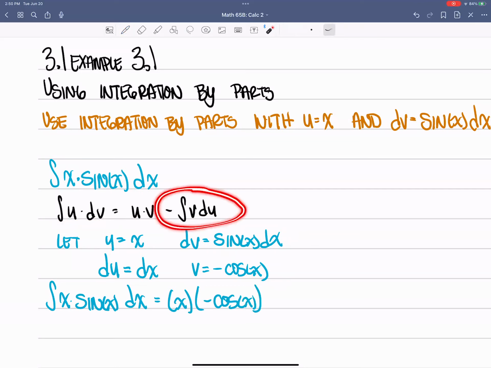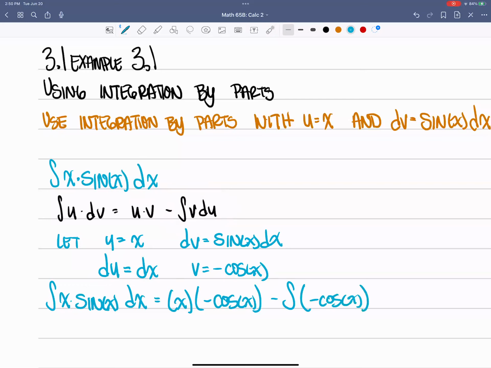Then we have minus the integral of v du, so minus the integral of v, negative cosine x, and du is just equal to dx.